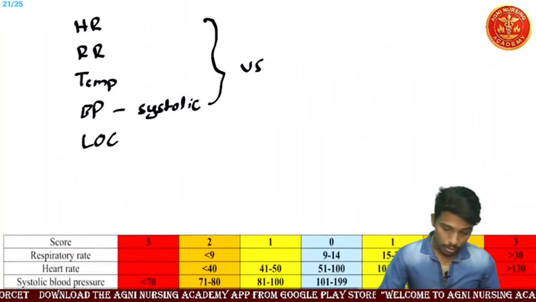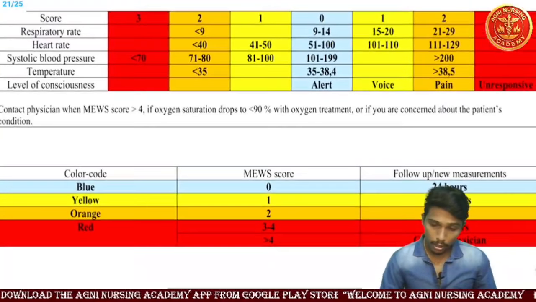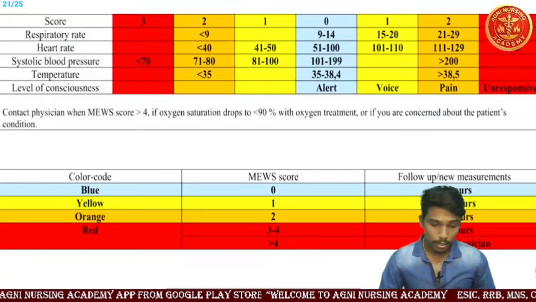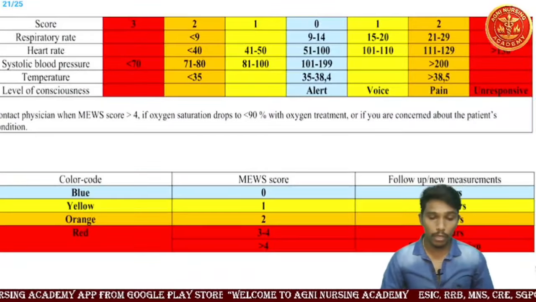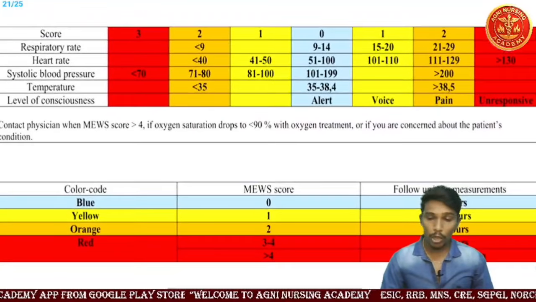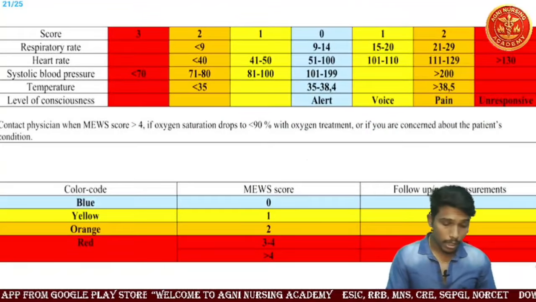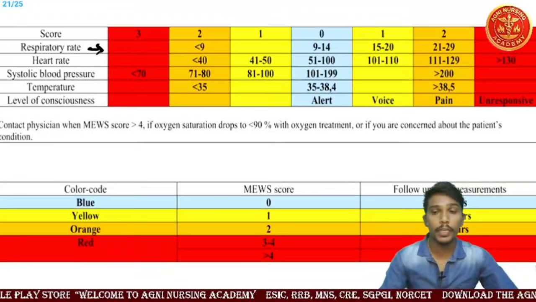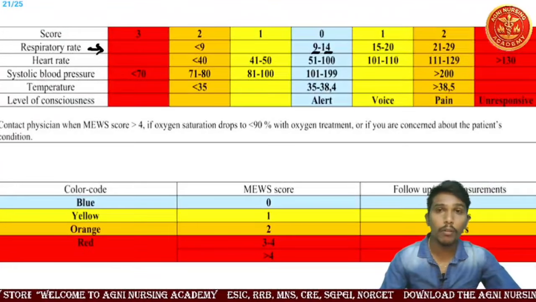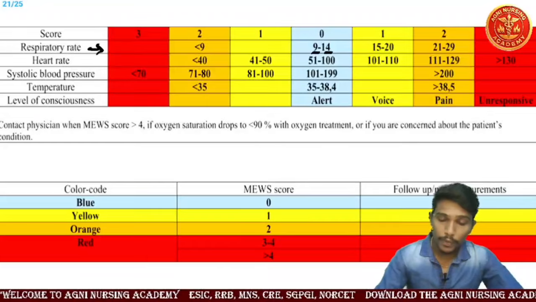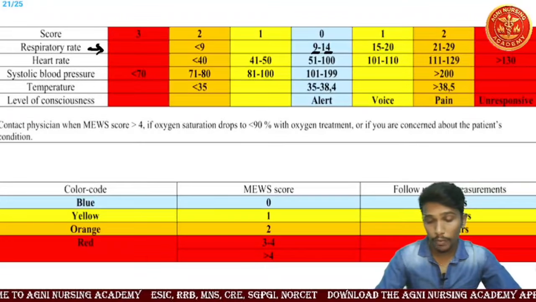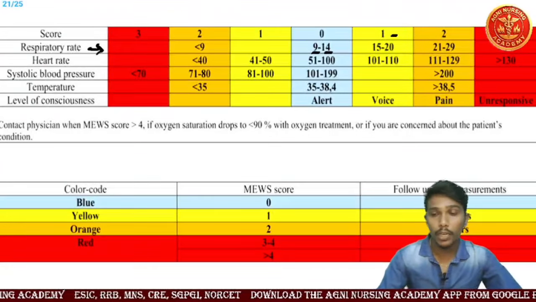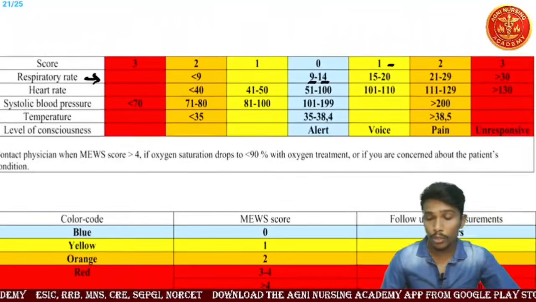This MEWS score was given by Americans. Here the table is there, and in this we see how to give the scoring for abnormalities in the patient. Here they have given respiratory rate. If the patient's respiratory rate is 9 to 14, we give 0, and 15 to 20 we give 1, 21 to 29 we give 2, and above 30 we give 3.